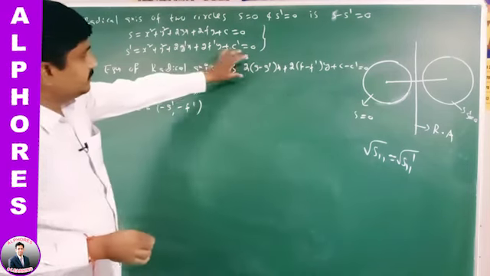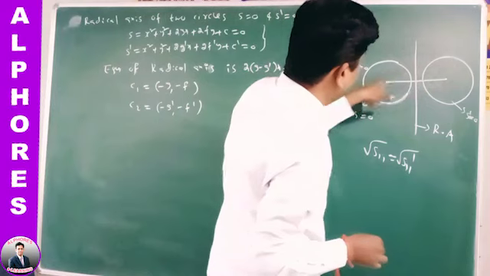Here this line is the radical axis of these two circles.